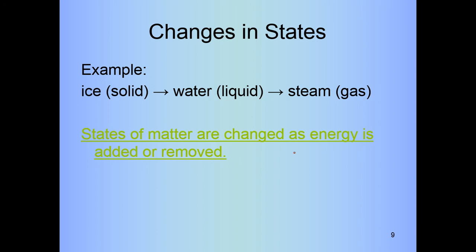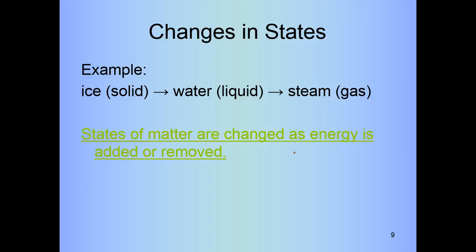This is something that we're going to study later on in the year. Notice I'm using the word phase as another word for state of matter. The phase transitions can happen as energy is added or removed, and you can do it reversibly one way or the other, and we'll talk about how and why that's possible in an upcoming presentation.